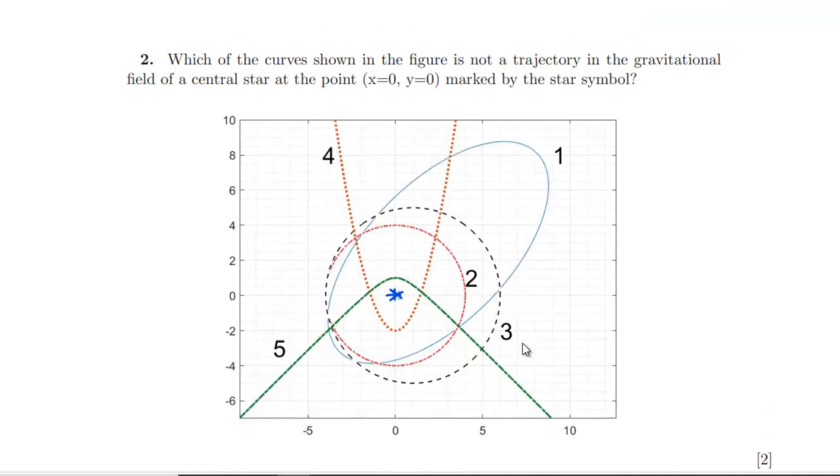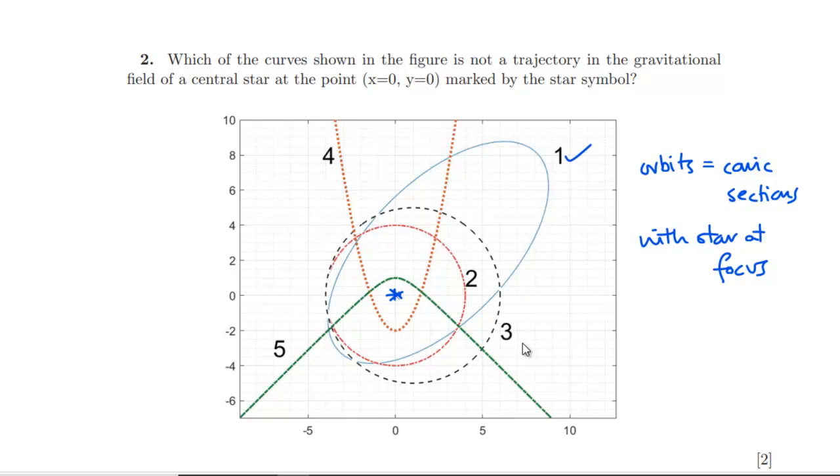Well, all of these orbits have got to be conic sections, as in circles, ellipses, parabolas and hyperbolas. So we need to have that, conic sections with the star at a focus. So we have to have that as well. Let's see what we've got. For 1, that's great: an ellipse with the star at one focus.